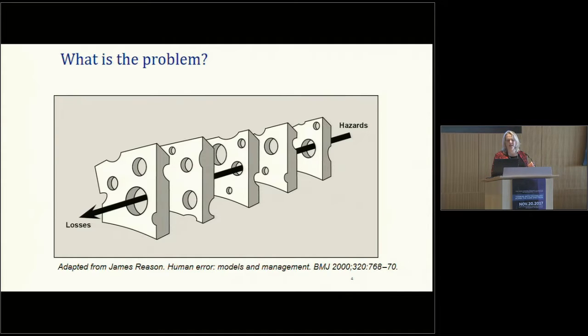And his idea is that we need to come up with different kinds of blocks to try and block this error from propagating out and actually causing harm. None of those blocks are going to be perfect. They're more like pieces of Swiss cheese. That's why he calls it the Swiss cheese model. But if we have enough of them, and appropriately placed, they can block that possible error from actually happening and causing harm. So there's been a lot of great work in this space.